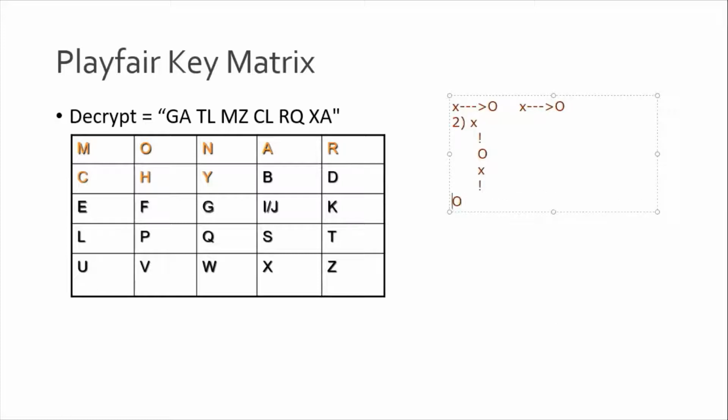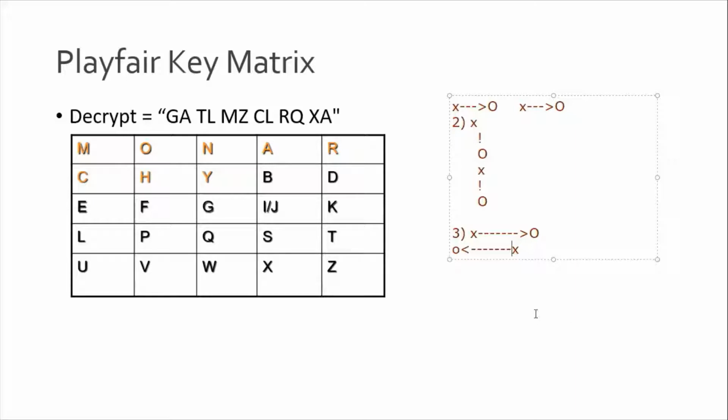And if the letters are in the opposite direction, for example, in a different column and different row, we will write the letter here that intersects the same column, and here we will write the letter as here. So that is rule number 3. For the whole set of encryption rules, we will reverse these rules for decryption.